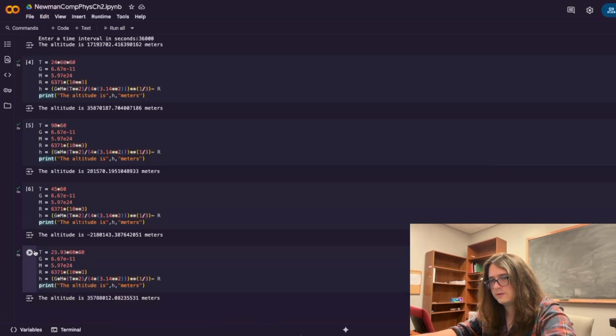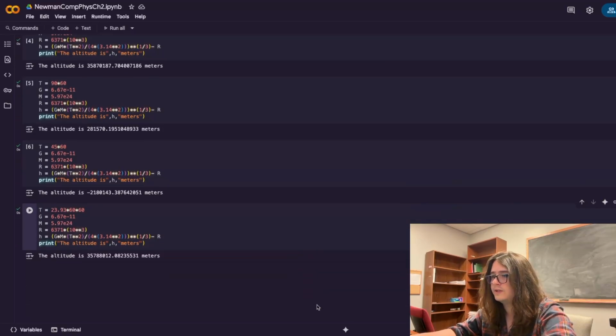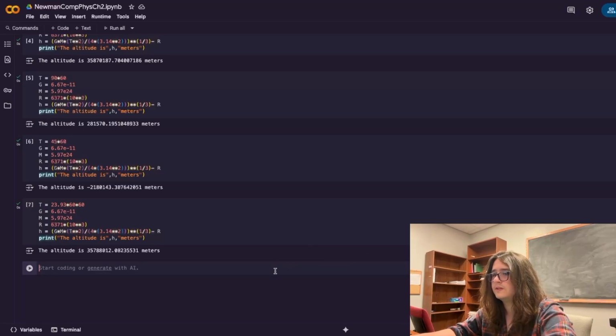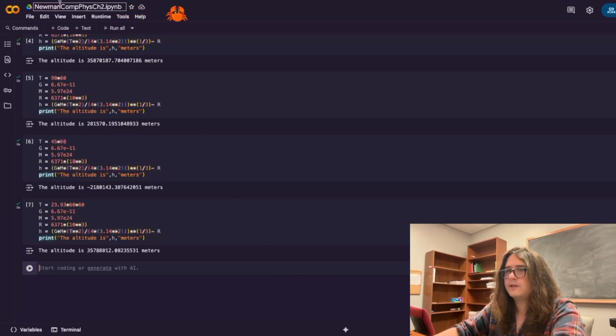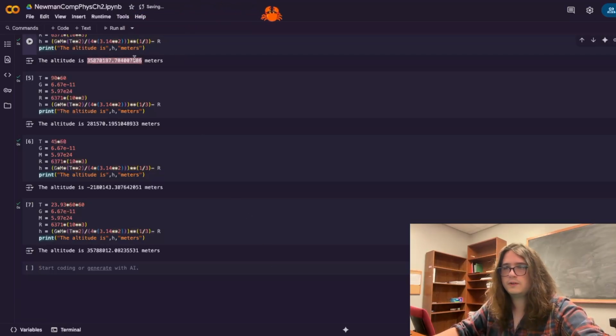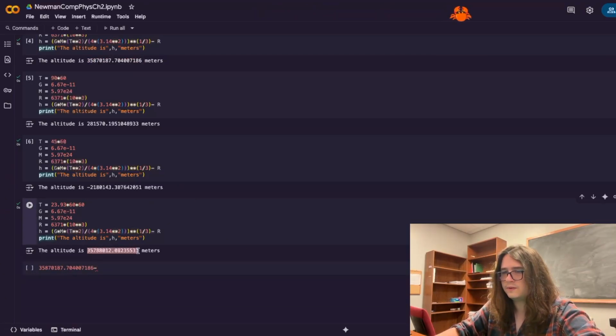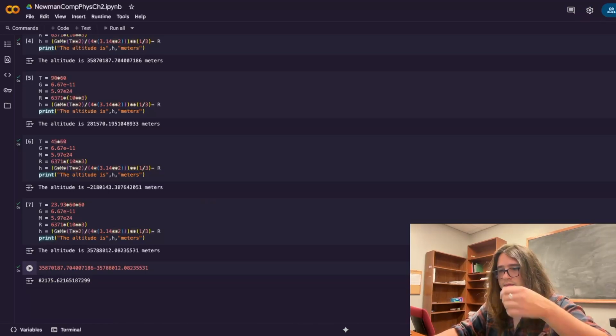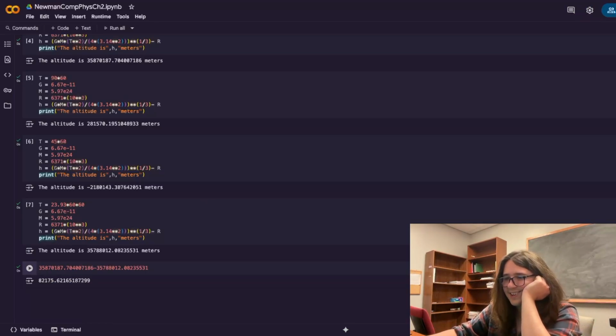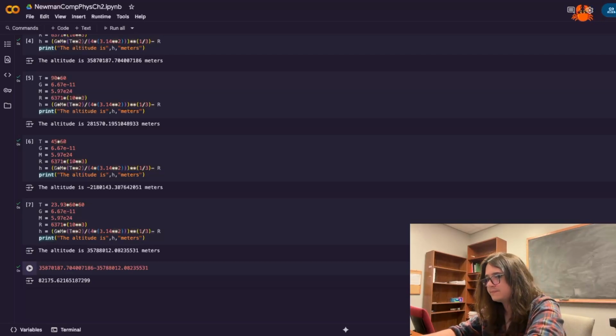So that altitude prints out something that is very similar, but we can also calculate what that difference is. Let's just copy down this number minus this number. And it's going to give a negligible difference. It's only 82,175 meters of a difference. That's not that big. All right.